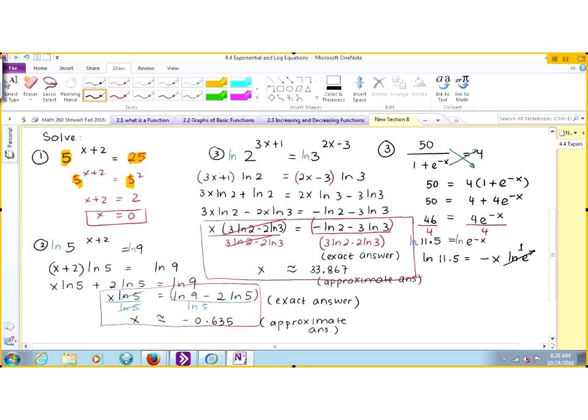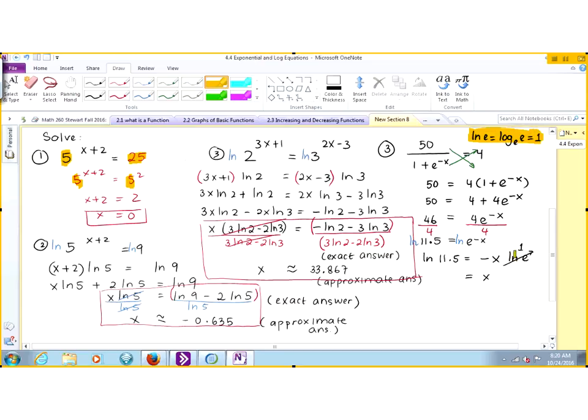Very good. So do we know what x is? Negative ln 11.5, right? So what is ln e? 1. So remember, ln e is log base e of e, which is equal to 1.